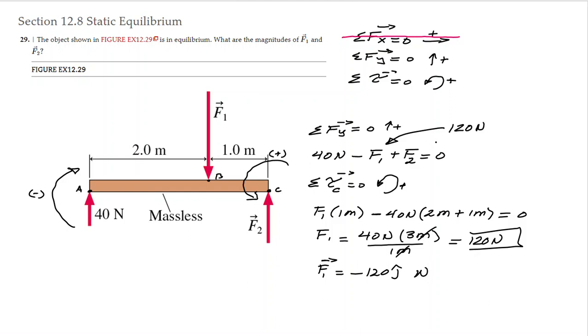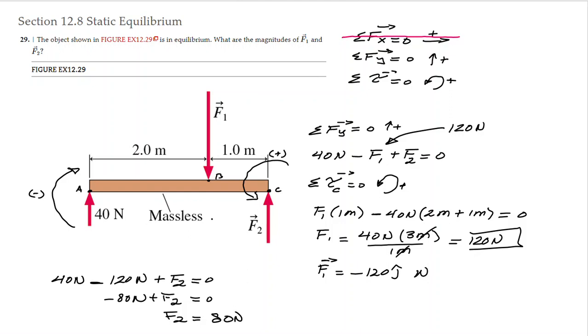By substituting, we get 40 newtons minus 120 newtons plus F2 equals 0. 40 minus 120 is minus 80 newtons plus F2 equals 0. So F2 will be equal to 80 newtons.